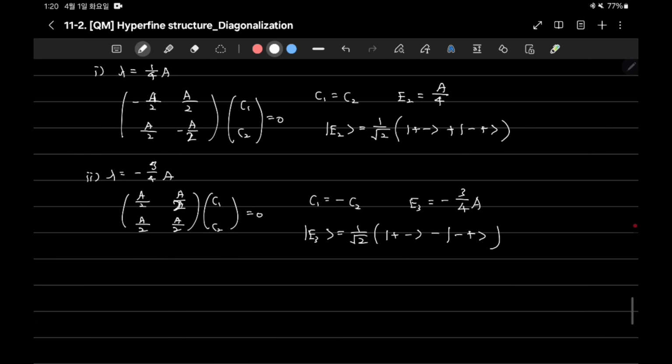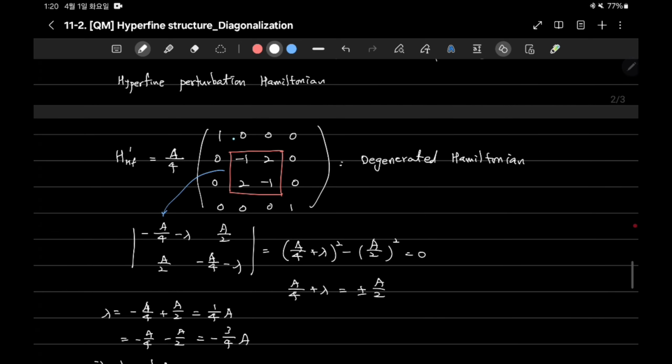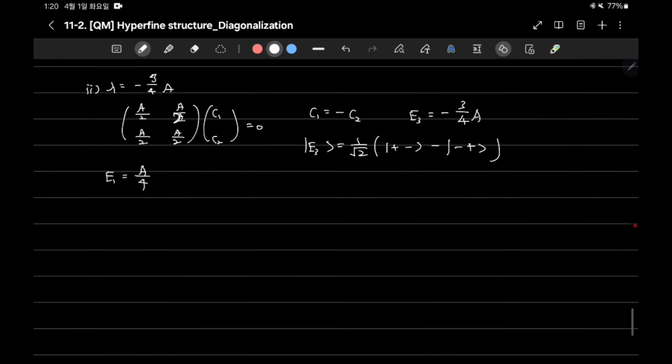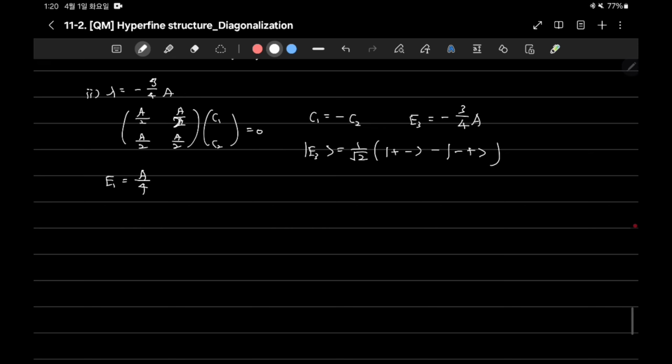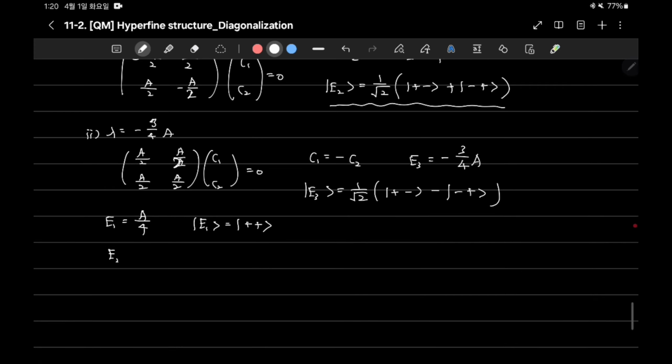So we can see the E1 state is from the Hamiltonian. The Hamiltonian is A quarter. So also the E1 state is a spin up state, and the E2 and E3 are already calculated, and the E4 state is a quarter, and the E4 state is the minus state.